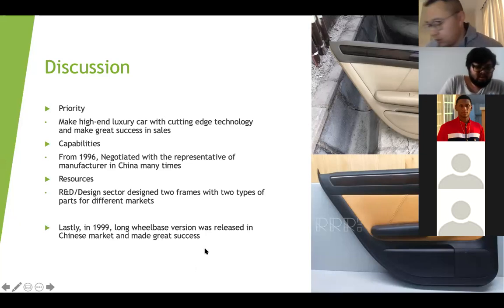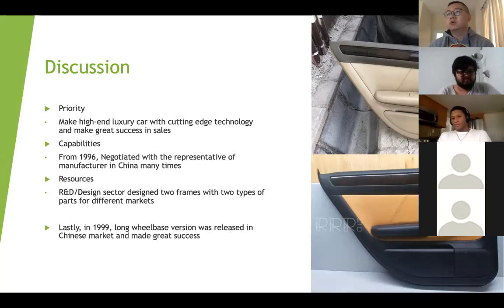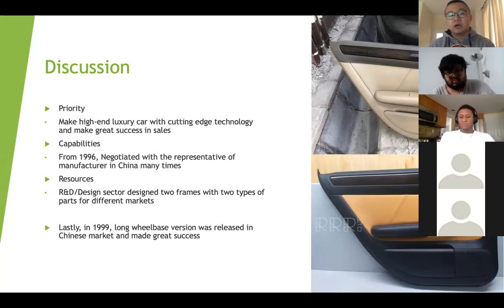Because in the Chinese market, at the very beginning, there were not too many cars on the road in China, especially for the private sector. So the vehicles were used by official government people or businessmen who earned money after the Chinese economy was booming.